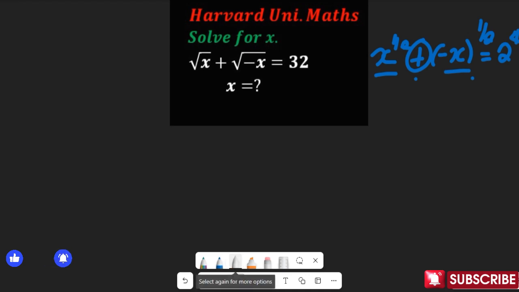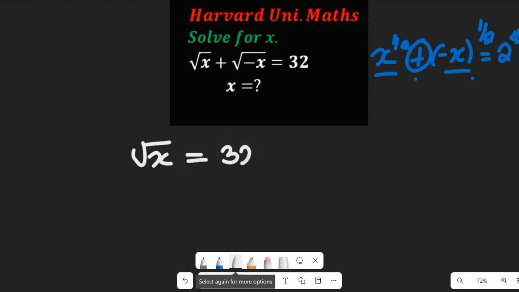Now let's get started. If I take the negative square root of x to the other side, I'm going to have the square root of x equal to 32 minus, the positive becomes minus negative x, what? The square root of negative x. Great. Now, if I decide to take the square of both sides, I think that can work.